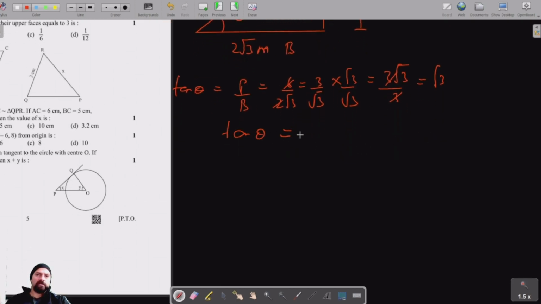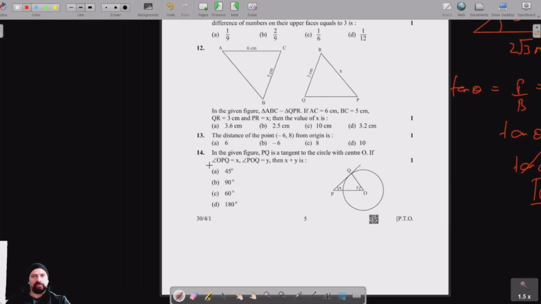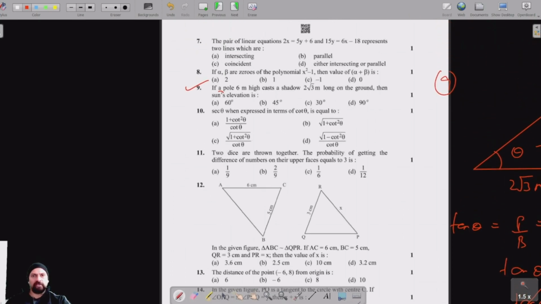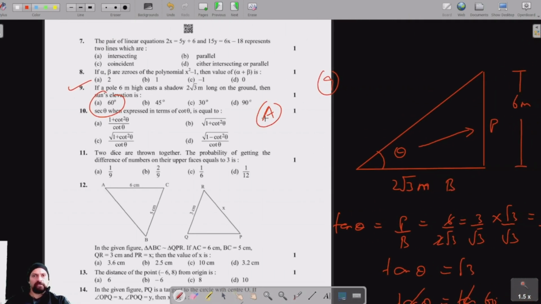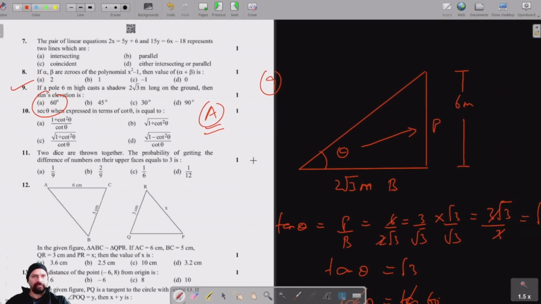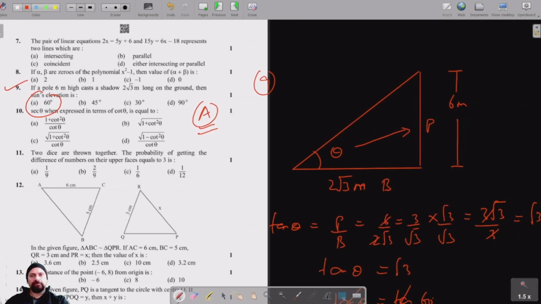Now tan theta is equal to root 3, and we know that tan 60 is root 3, which gives us theta is equal to 60 degrees. So that means the sun's angle of elevation is 60 degrees, and option A is the correct answer for this. Let's move on to question number 10.